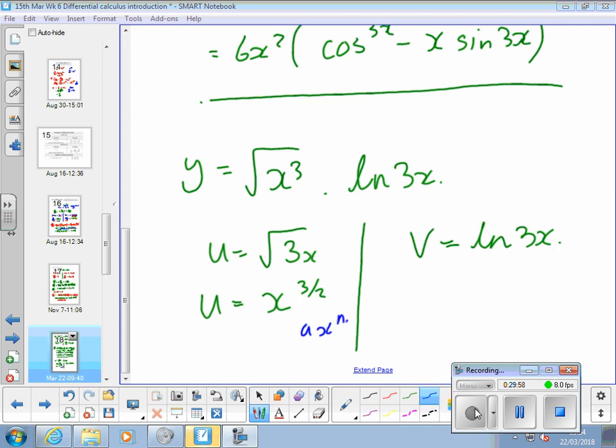This one, we don't need to do anything with. dv by dx is equal to 1 over x. The 3 disappears. That's what the table says.